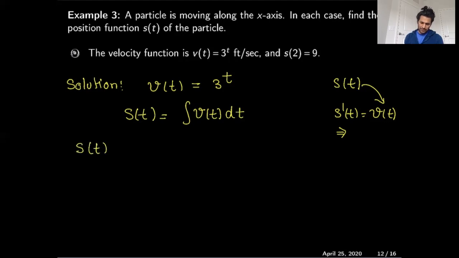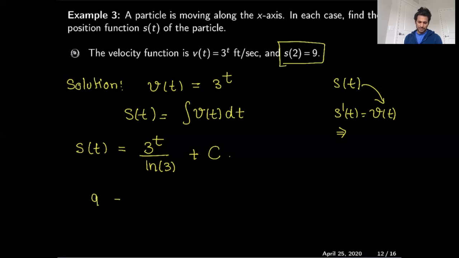What is the formula for the antiderivative of 3 to the power t? It is 3 to the power t divided by natural log of 3, plus constant c. We will also calculate this constant c by using the initial condition. We say that when t is 2, s of t is 9.